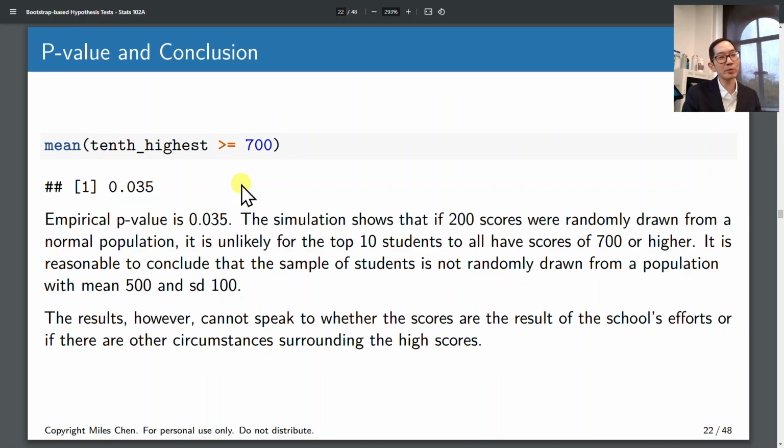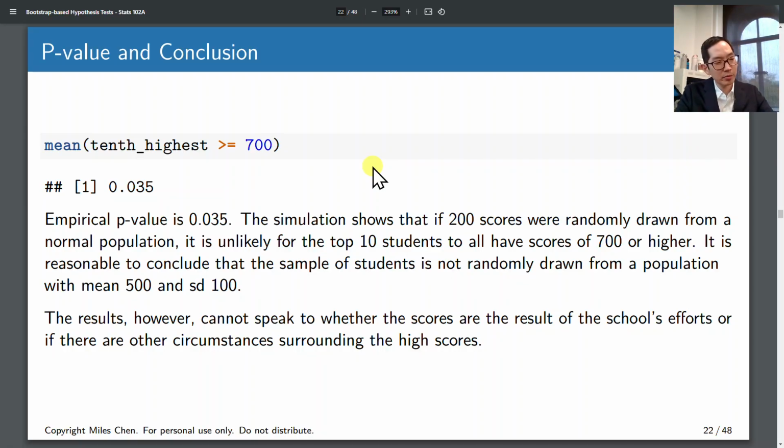So it's probably reasonable to conclude that the sample of students we have is not randomly drawn from the same population as everyone else, where the mean is 500 and standard deviation is 100, but probably is from a different population. Whether the school administration can take credit for this result is an entirely different question, but we'd probably say this does seem quite a bit different from an ordinary random sample of 200 students.